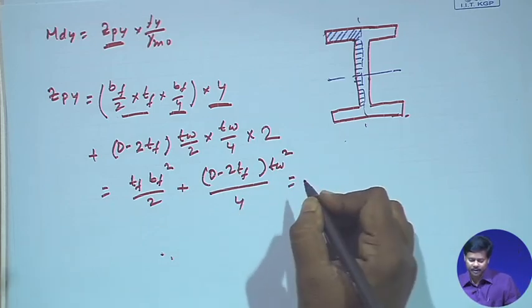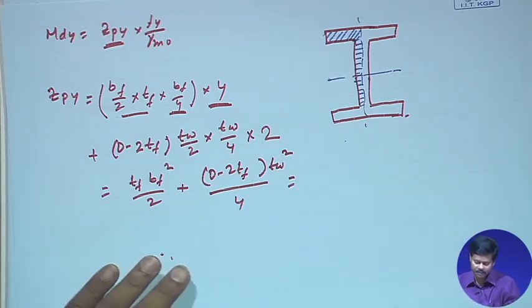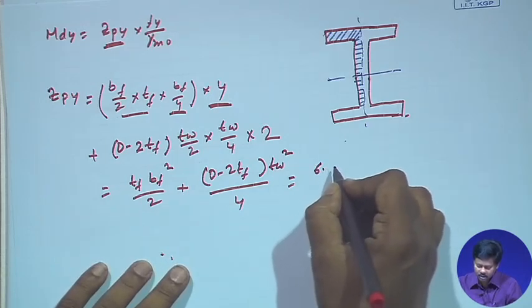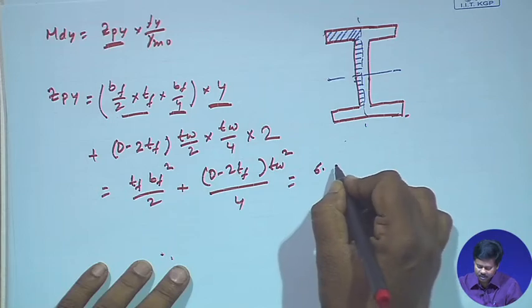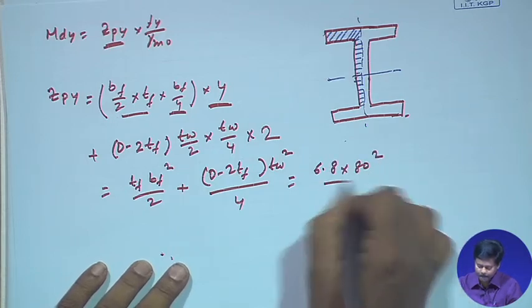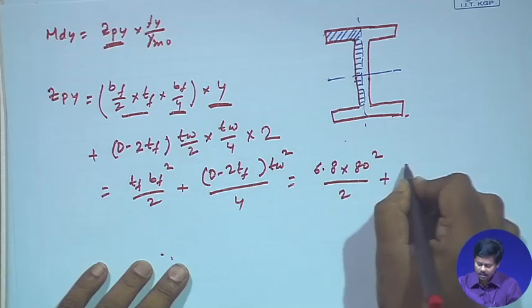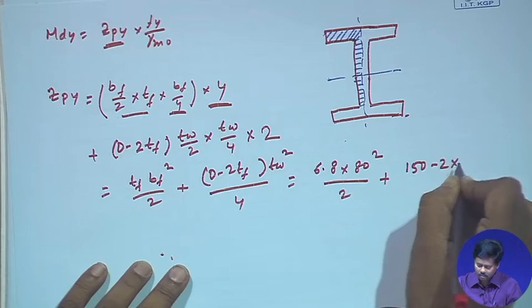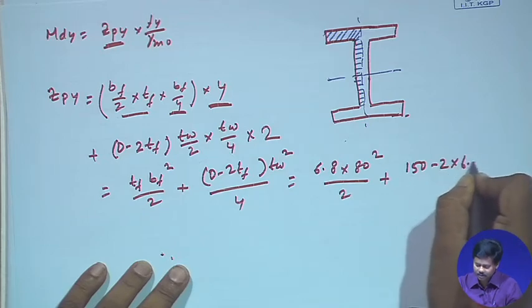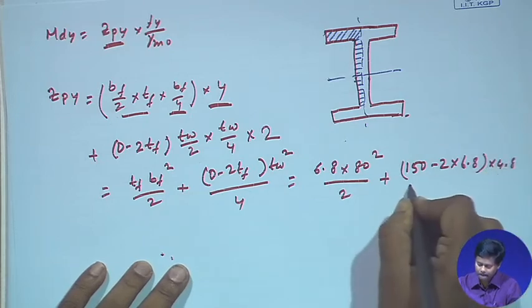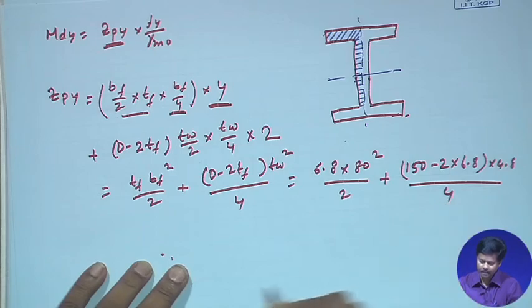And if we put the values of these parameters, we can see that Tf is 6.8, Bf is 80, then overall depth is 150, thickness of flange is 6.8 and thickness of the web is 4.8, right.